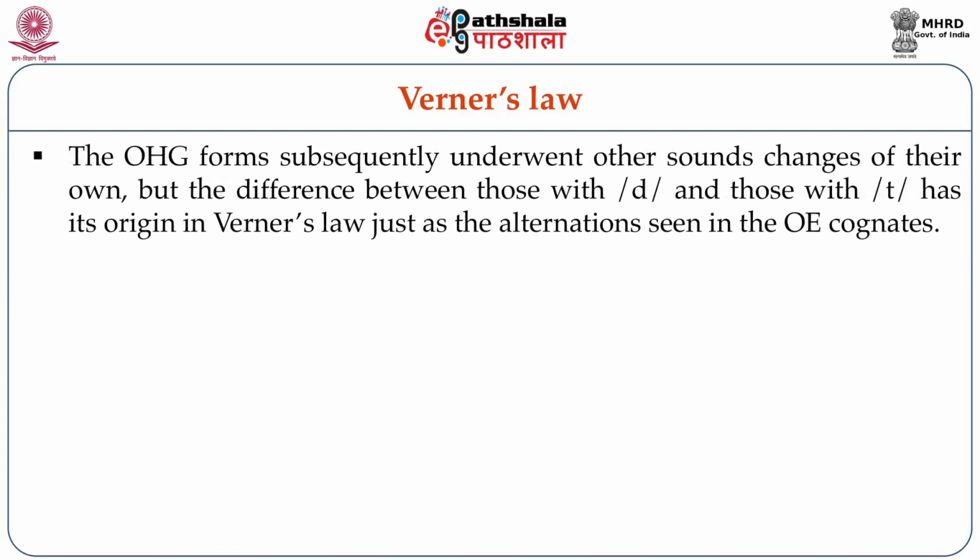So the Old High German forms subsequently underwent other sound changes of their own, but the difference between those with the one sound and those with the other has its origin in Verner's law, just as the alternations seen in the Old English cognates.